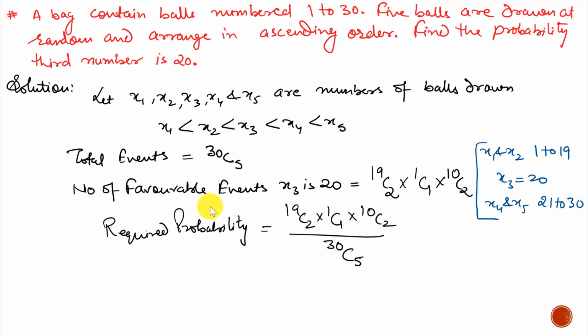So for the number of favorable events when x3 is 20, first we choose 2 numbers out of 19, which are x1, x2, and we choose x3, which is only one number, 1C1. Then we choose x4 and x5 out of 21 to 30, which are 10 numbers, so 10C2. So the required probability is 19C2 into 1C1 into 10C2 divided by 30C5.